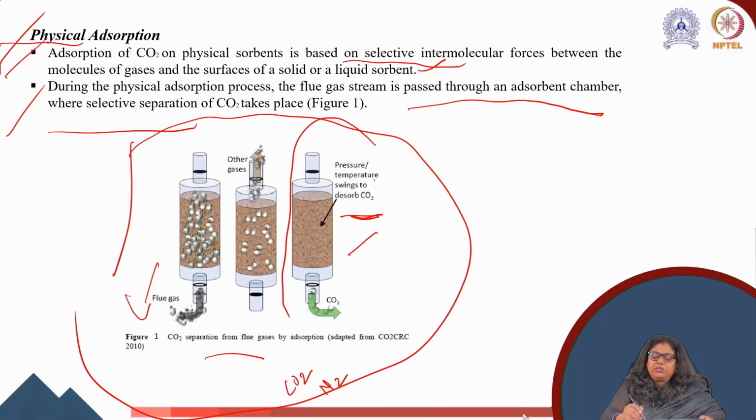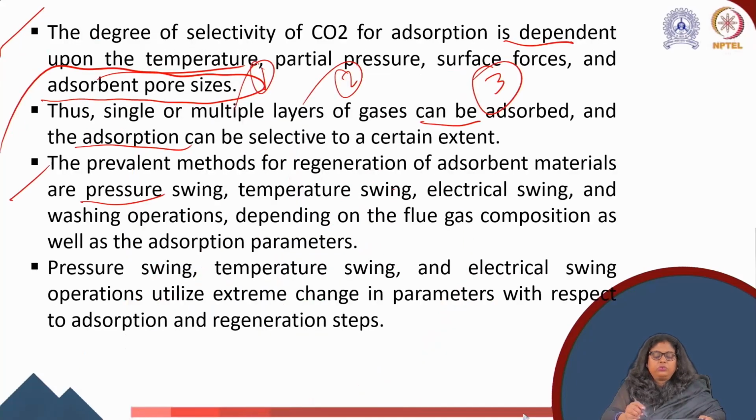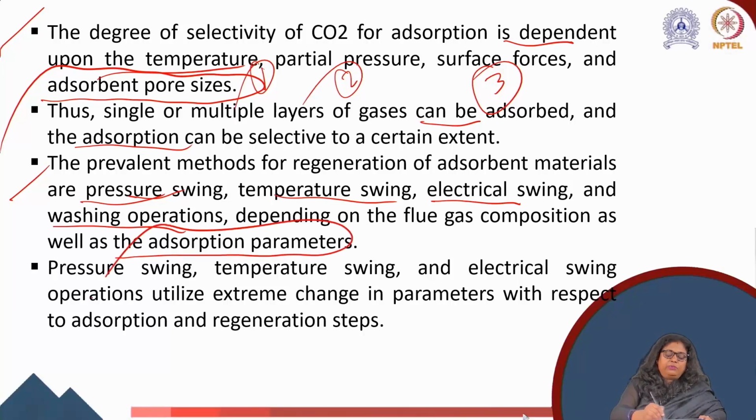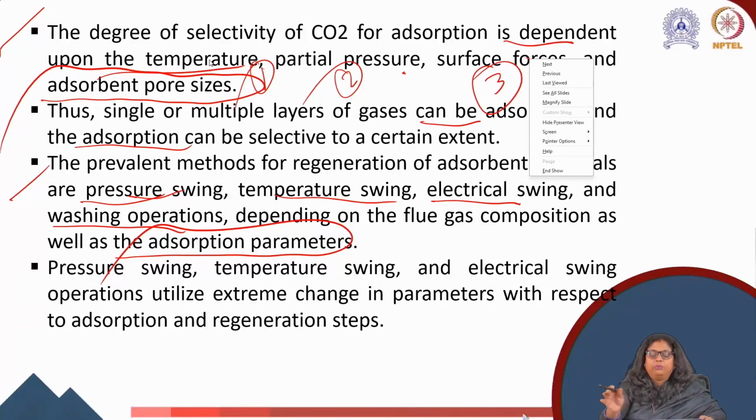We have the temperature pressure swing to desorb the CO2. The prevalent methods for regeneration of adsorbent material are pressure swing, temperature swing, electrical swing and washing operation. It depends on the flue gas composition as well as on the adsorption parameters: temperature, partial pressure, surface forces and adsorbent pore sizes.